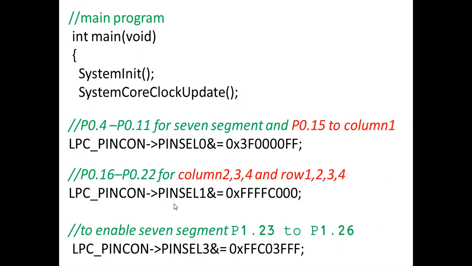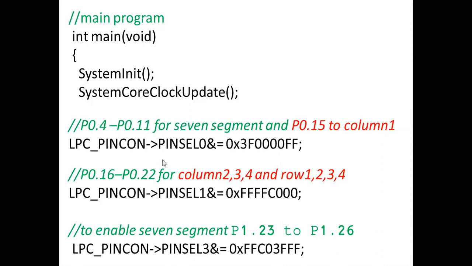Now the first point is that the selected pins must be configured as general purpose input output pins. The pins identified are P0.4 to P0.11, which are for the 7 segment display, and P0.15 for column 1. These pins belong to port 0 and fall between pins 0 to 15.